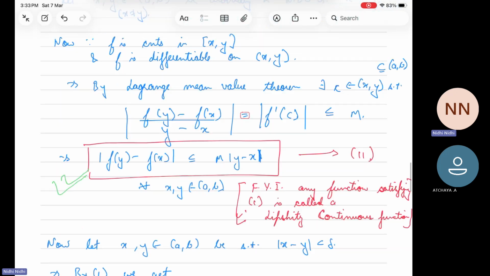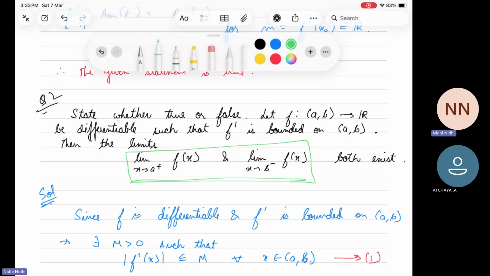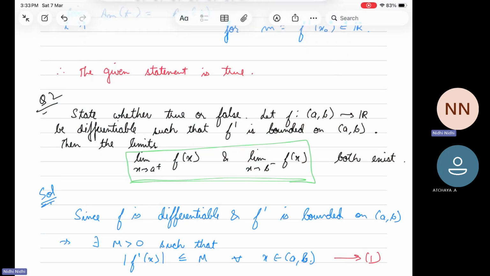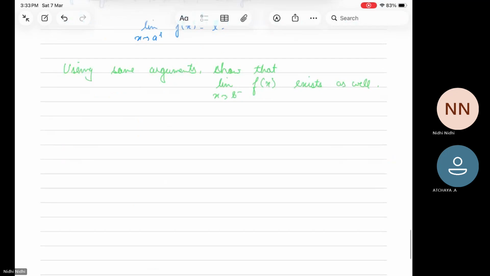Further, using the properties of uniform continuity, we get that both these limits will exist. Therefore, the given statement is true. I hope this is fine. If you have any doubt, you can ask. Or else, let's move to the next question, number 3.